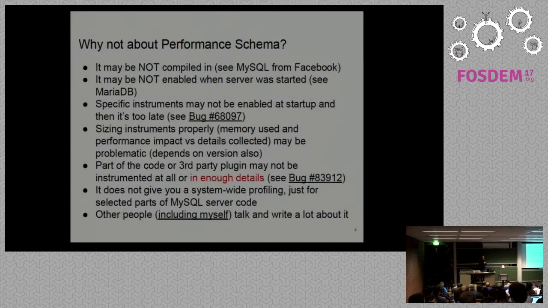What's also out of consideration is performance schema, and that might be an interesting question. Why? I will tell. First of all, in production, you may hit cases when performance schema is not there when you need it. For example, MySQL from Facebook, with a storage engine that's of very high interest, was built without performance schema.